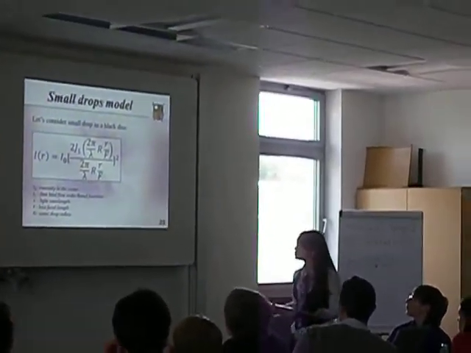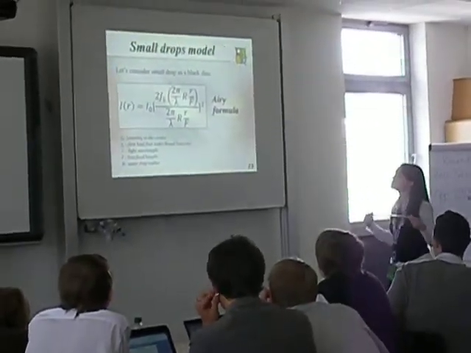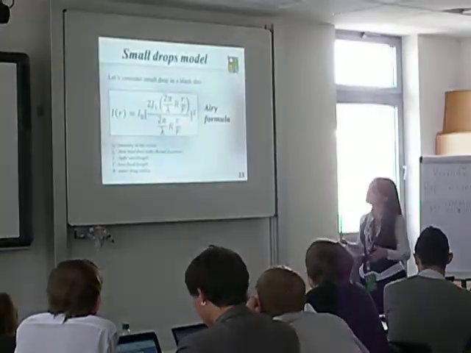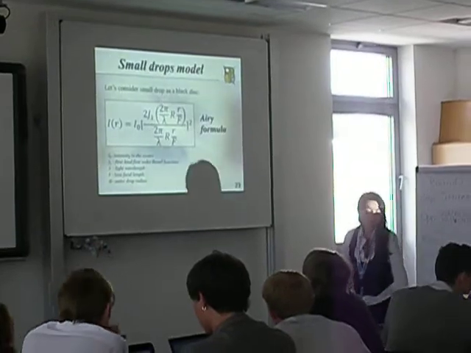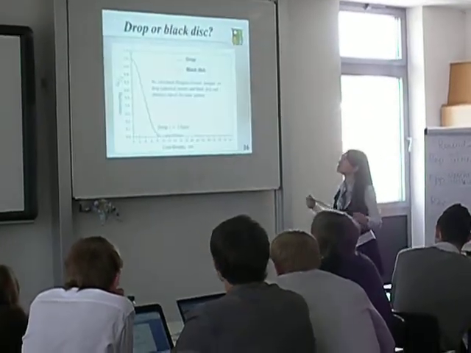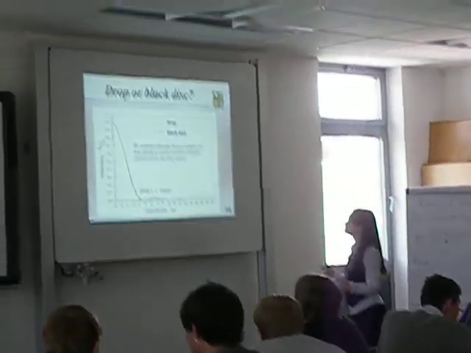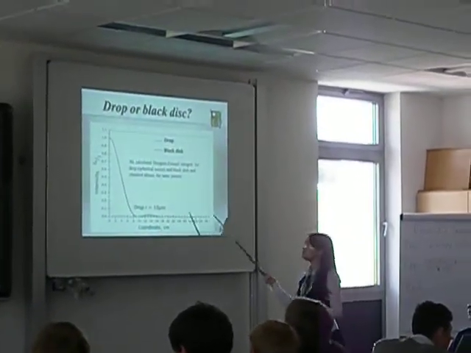But for small drops, we can use the area formulas too, because we can neglect the difference in phase inside a drop. We built the intensity distribution on coordinate for a small drop using the area equation and the Huygens-Fresnel formulas too. And you can see that the graphs are really similar.